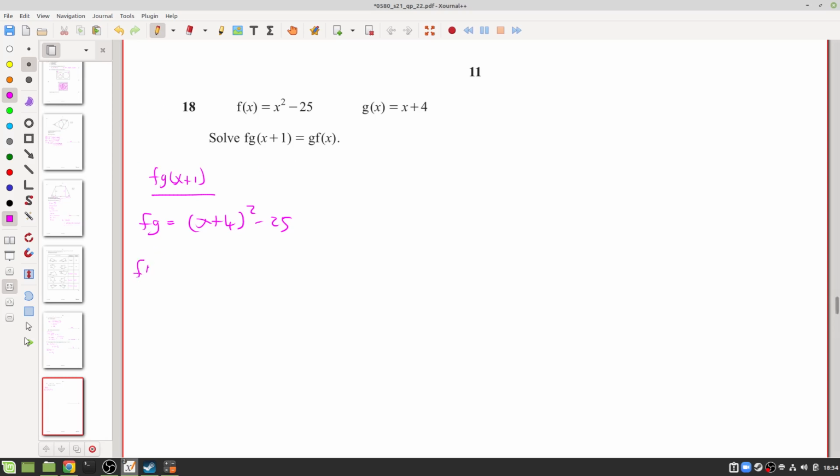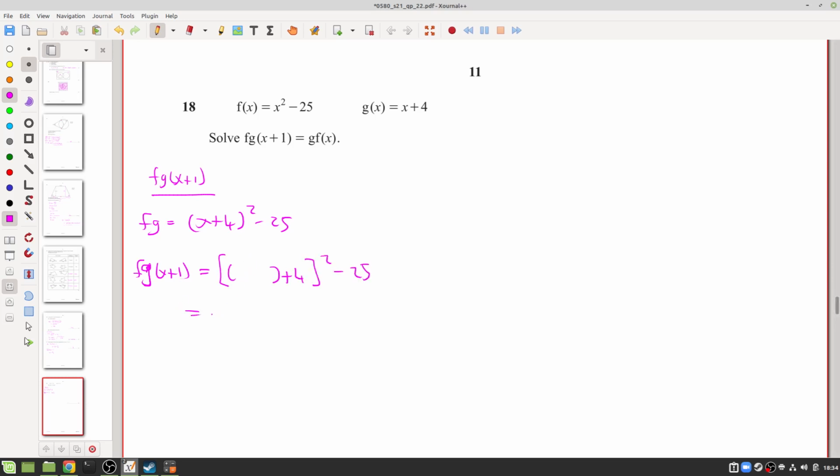So if g of x plus 1, now we replace the x with x plus 1. So we've got x plus 4 squared minus 25.